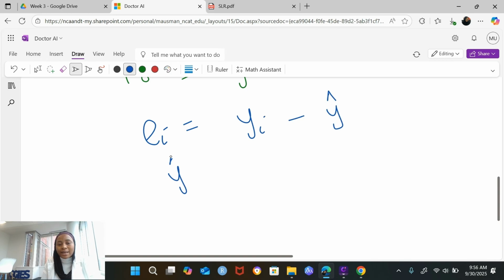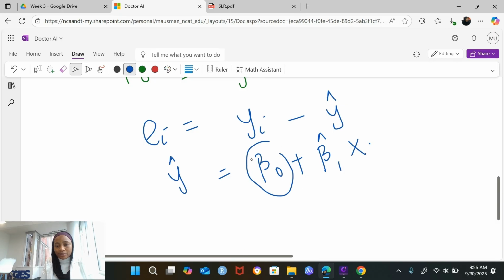Remember that our y hat is beta naught plus beta 1 x. Don't forget that we already estimated our beta naught and our beta 1. So when we substitute that, we are going to have a new y hat based on our model.